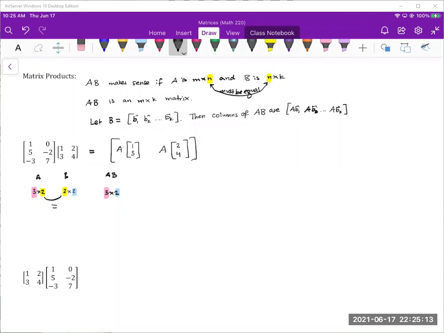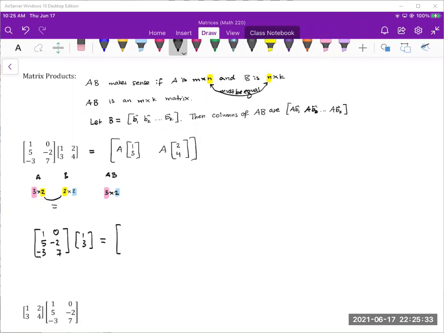So let's compute each of these. First, we'll do it separately. Then I'll show you how to do it all together. So if we want to take A times 1, 3, we're going to do 1 times 1 plus 0 times 3.